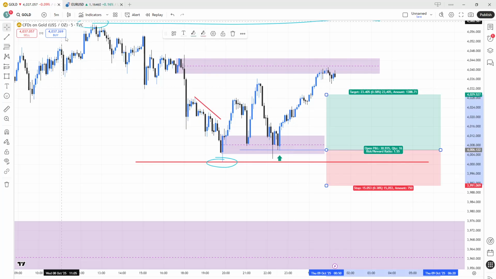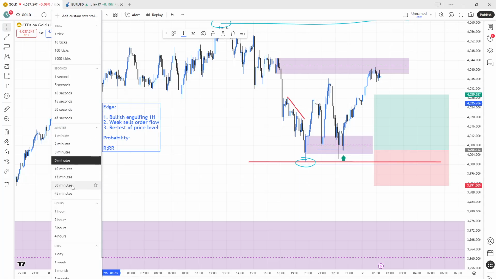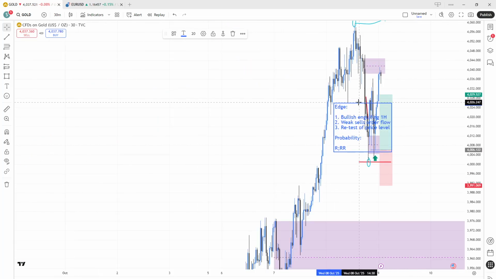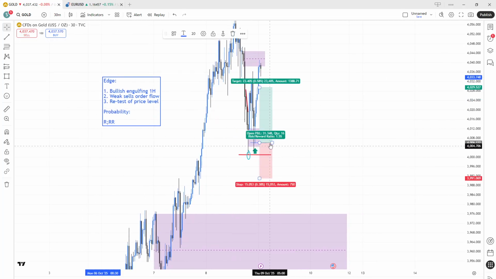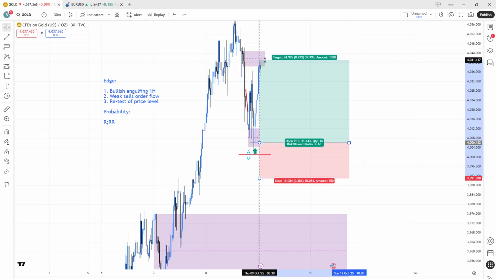So the next thing we're going to look at is probability, right? Now, with probability, what's our risk to reward ratio? This we have to dive into the higher time frame. With probability, we have three things set out for us: entry, stop loss, and then take profit.